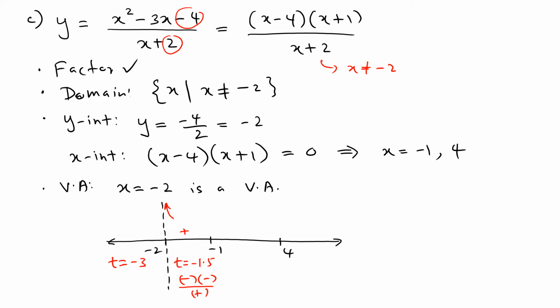If you plug in -3, you can see that it's negative, and also another negative. So 3 negatives, that means negative. That means the graph is going to go to -infinity on this side. So we know the behavior, and we also know the two zeros. Next we can look at the horizontal asymptote, and you can see that in this case there is no horizontal asymptote because the two degrees don't match.